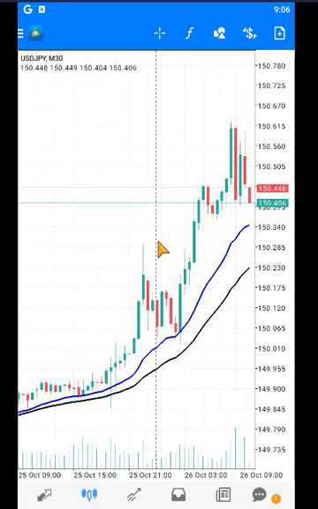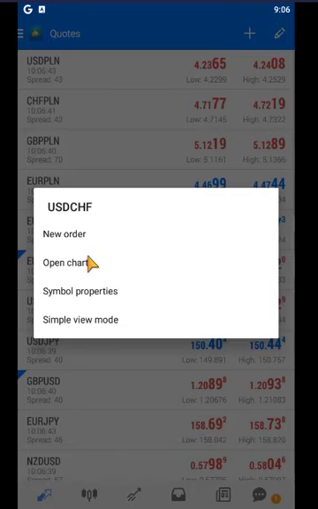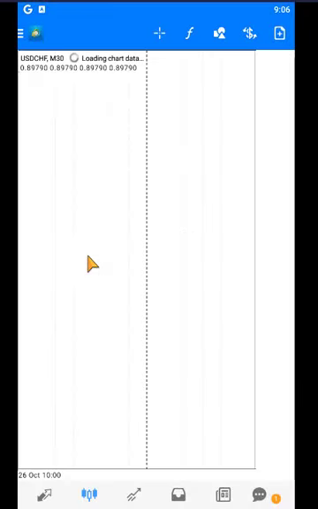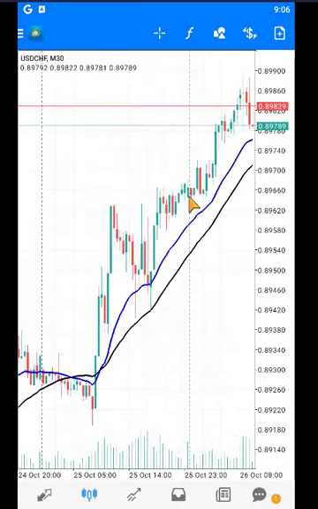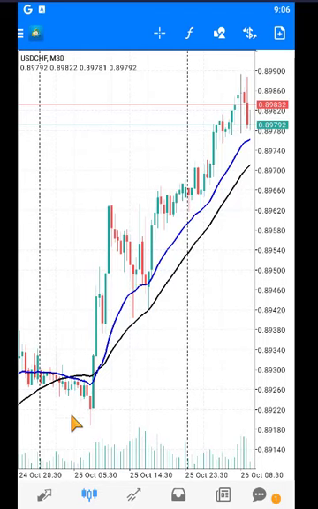So what you do, once you have this golden cross trading system, mobile trading system on your phone, is you go straight to your market watch and open any of the instruments. Just open them randomly, click on any one and click open, because while opening them, you want to see if there will be a cross. You can see this cross here, and afterwards see how far this market has moved upward.